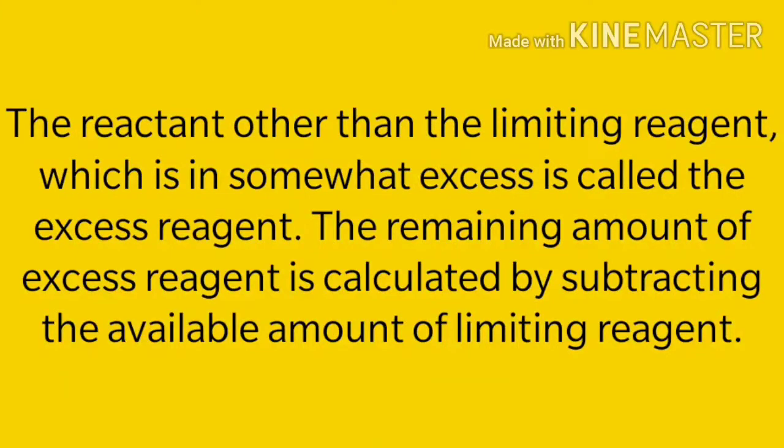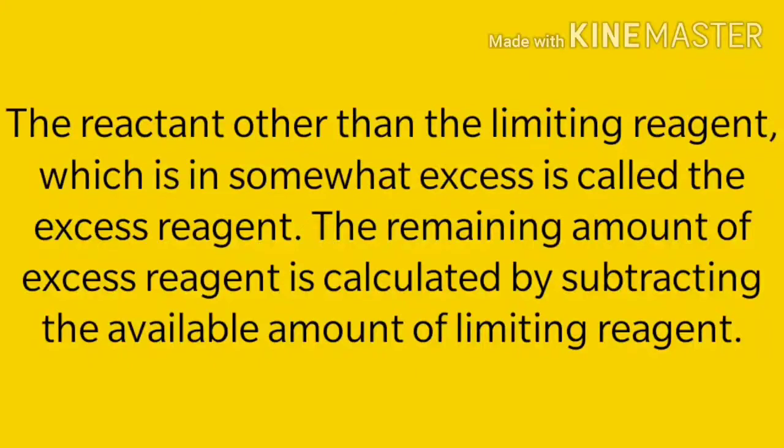The remaining amount of excess reagent is calculated by subtracting the amount of the limiting reagent consumed from the available amount. Because when we do the calculation for a chemical reaction, we have to see which reagent is completely consumed and which remains after the reaction.